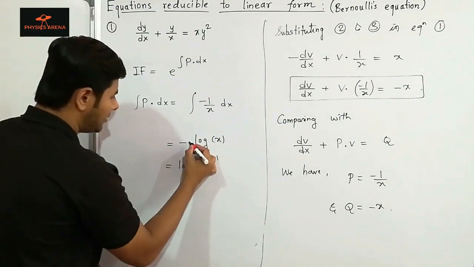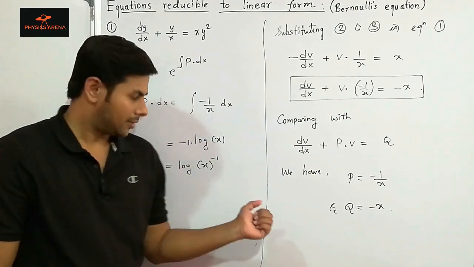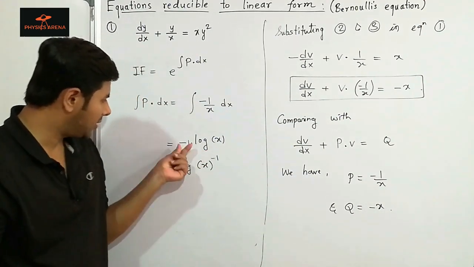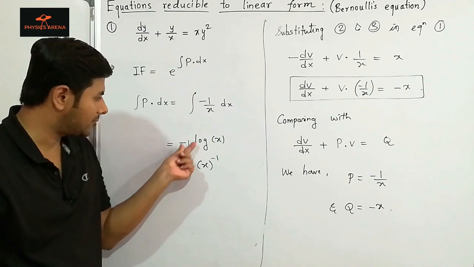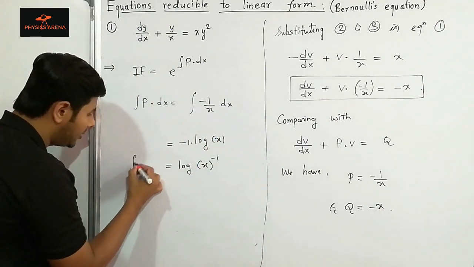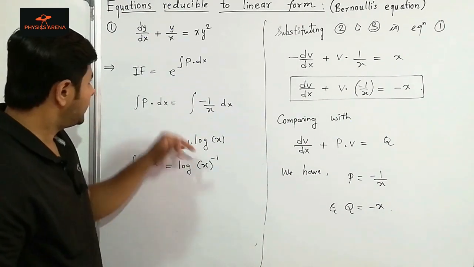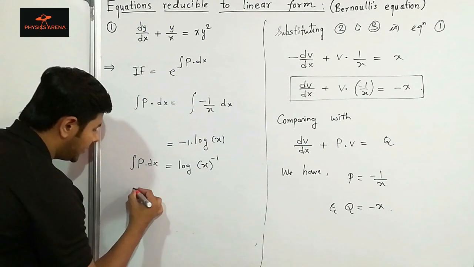Okay, this is minus 1 multiplied by log of x, and by using the rules for logarithm, we can write this as log of x raised to this term, minus 1. So we got integral of p dx. Let's substitute it here to find the integrating factor.